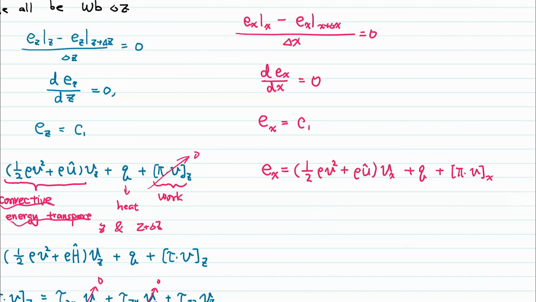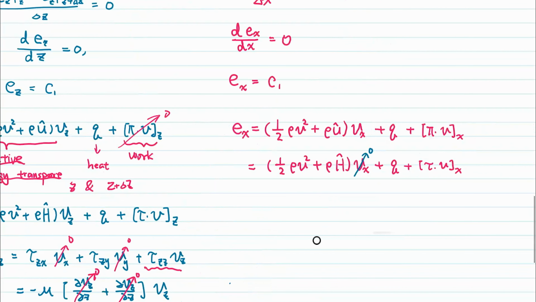We can rewrite that using shear stress and the enthalpy: (1/2 rho v squared plus rho h) vx plus q plus tau dot v. Now we know that there is no velocity component in the x direction, so there is no convective energy transport in the x direction.